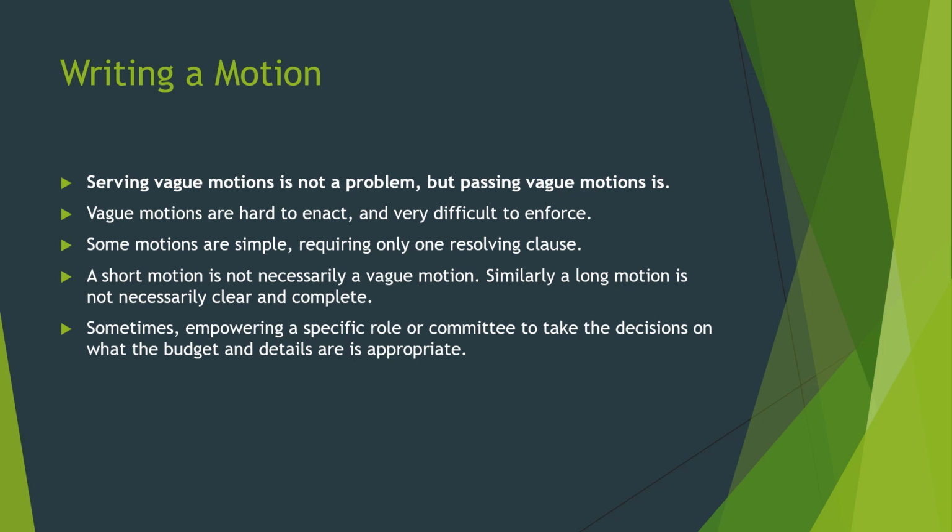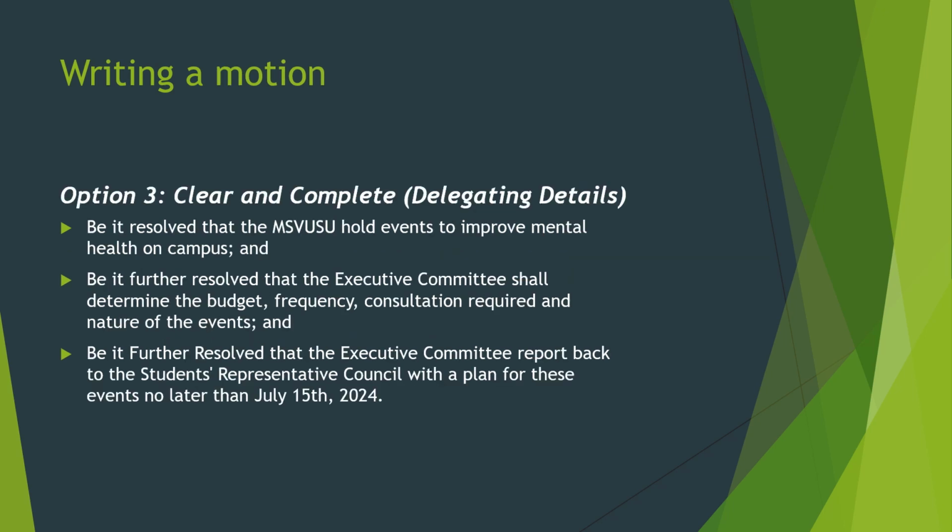Sometimes it's more efficient to empower a specific role or committee to make decisions on the budget details and the event details or the other details that may be appropriate. That leads us to our next option, option 3. In option 3, you have the opportunity to serve a clear and complete motion where you're delegating the details to another body.